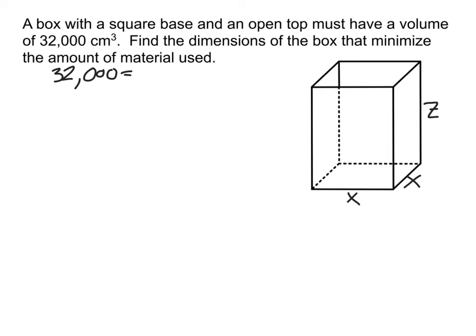Volume is always going to be length times width times height in a rectangular prism like this. In this case, that's going to be x times x times z. So that would be x squared times z. So length times width times height, just combining the x times x to x squared.